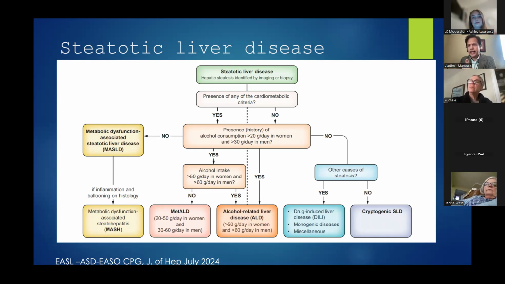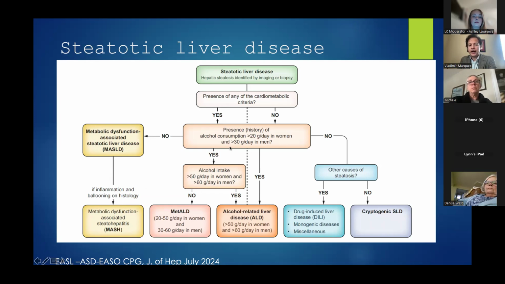So the presence of diabetes, the presence of high cholesterol, obesity, increased abdominal girth. So what we call a metabolic syndrome. If we have a metabolic syndrome, this steatotic liver disease will be called MASH or MASLD. MASLD is if there is no inflammation, MASH if there is inflammation.